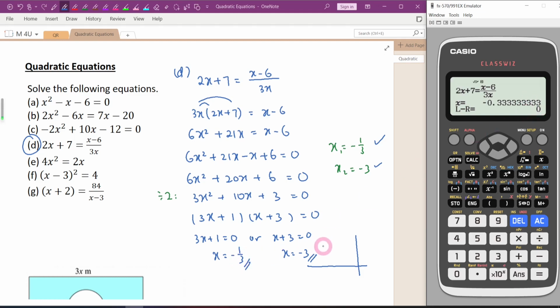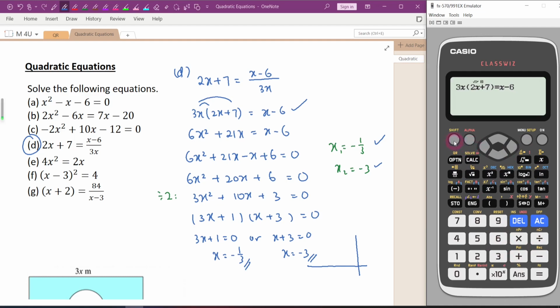Our answer is actually correct. So I would suggest you write this in general form first, then only key into your calculator. Let's say I try this one or this one. Let's say I key in this one. Should be no problem. 3x parenthesis 2x plus 7, 2x plus 7, and then equal to x minus 6.